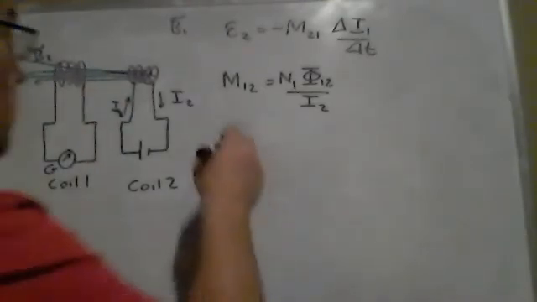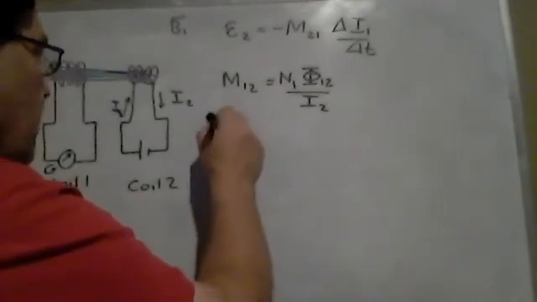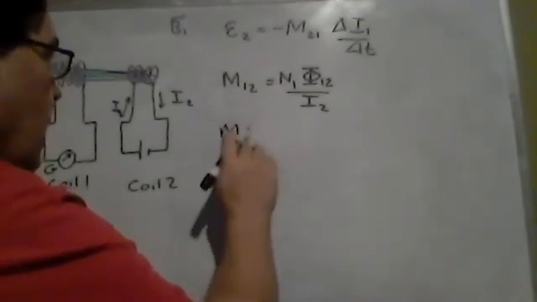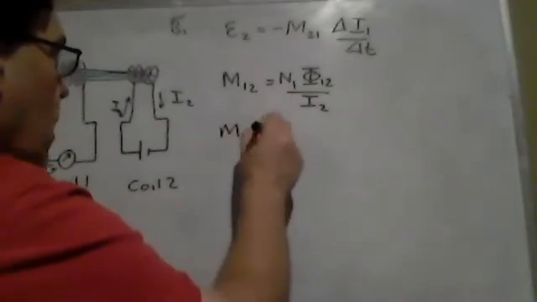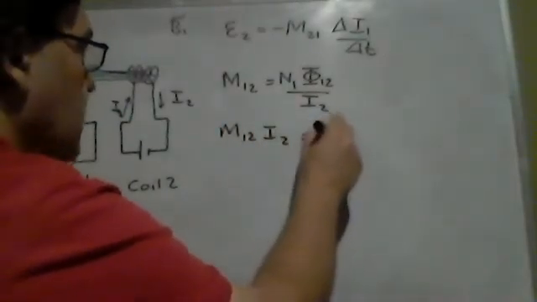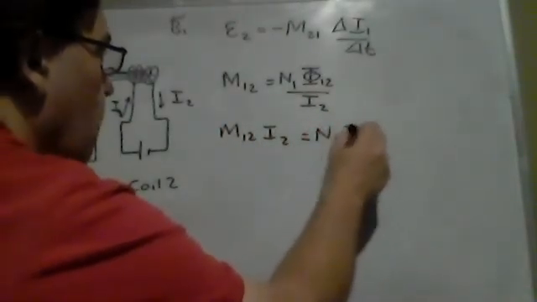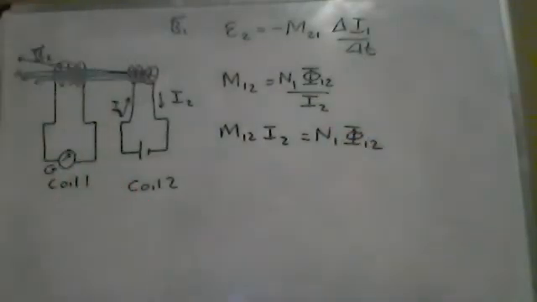Let's cross multiply and we say, okay, well, again, the same mathematics applies. M12 I2 is N1 B sub 1 2. I take the time rate of change of both sides.